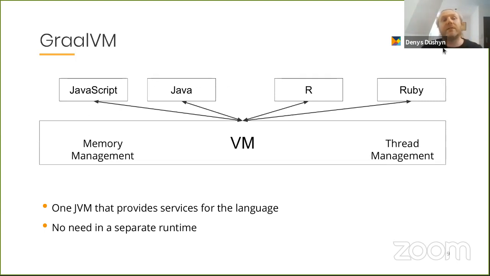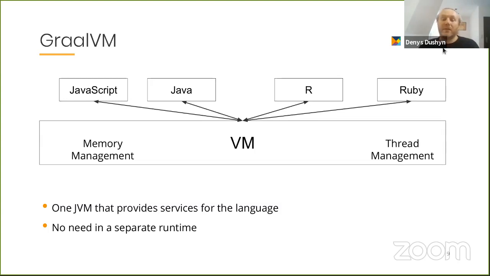On this slide, the main idea that has been taken in the development of Graal virtual machine is to provide some runtime platform with basic services like memory management or thread management, and to provide these capabilities and these features to other languages.